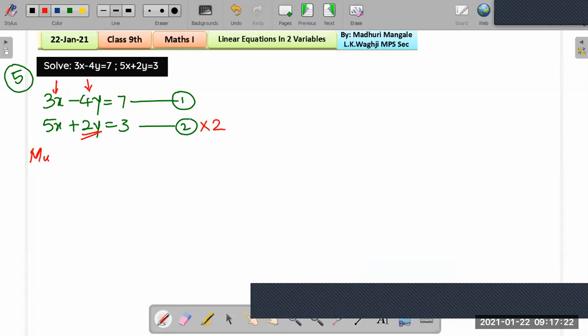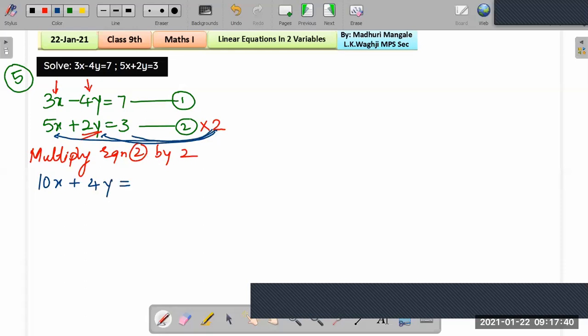So first step, we need to multiply only one equation. Multiply equation 2 by 2 and what will happen? So 2 times 5, that is 10x, plus 2 times 2, that is 4y, equals 2 times 3, that is 6. This is equation number 3.